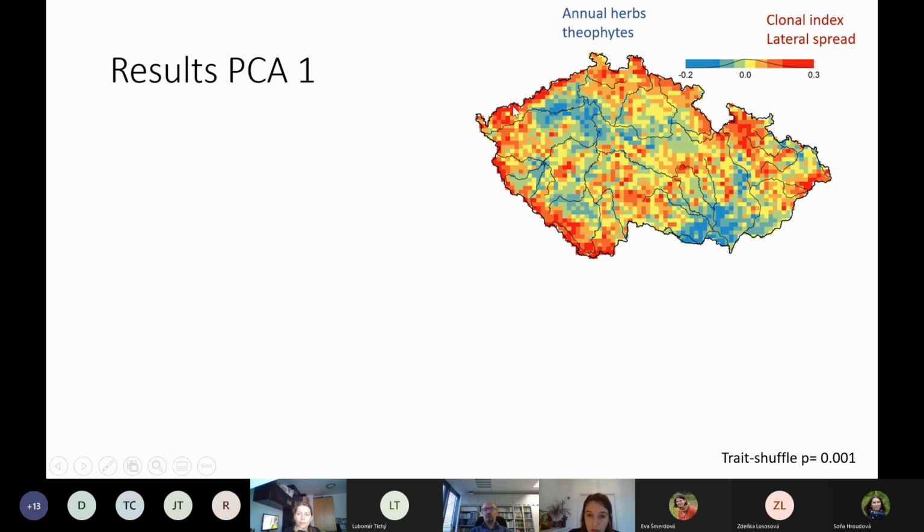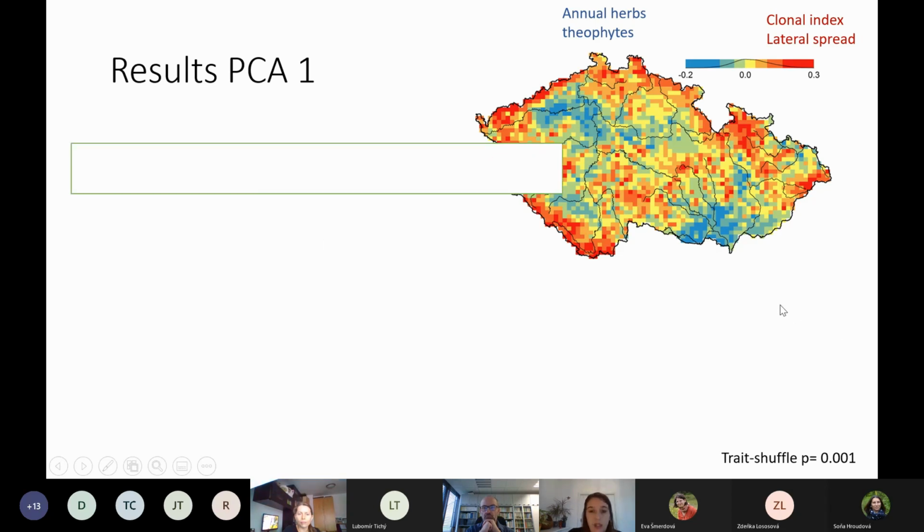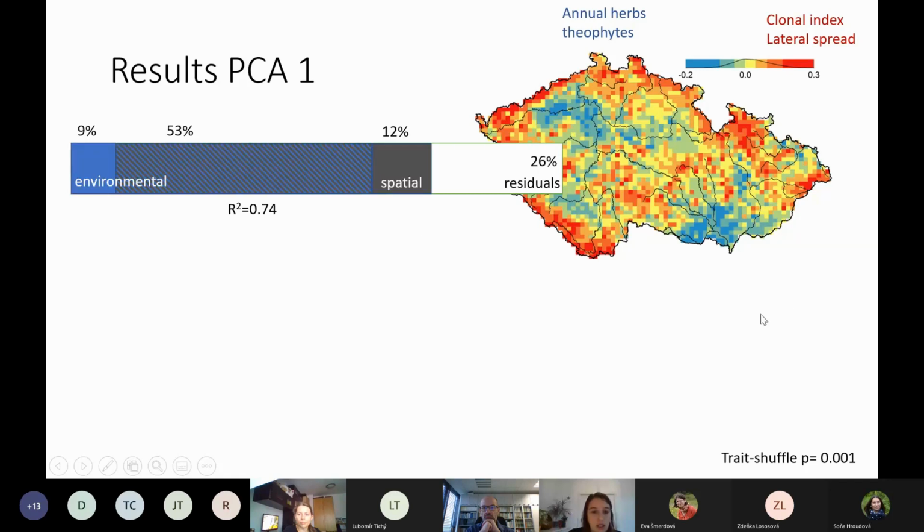Let's remember that the green and red areas are more like clonal traits, lateral spread, while the blue ones are more like annual species, herbs, pterophytes. This is the variation partitioning. For this one, most of the explanation is the shared part. This is the R square of the variation partitioning.